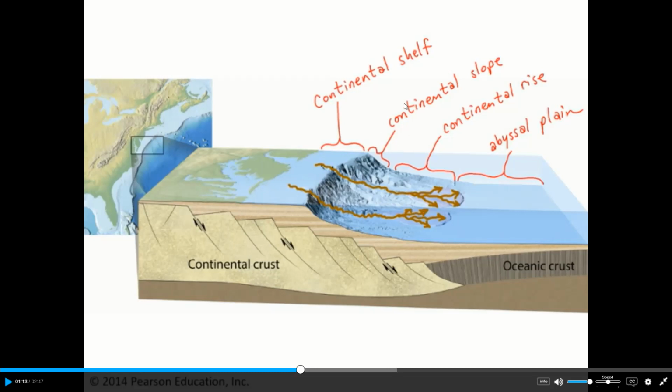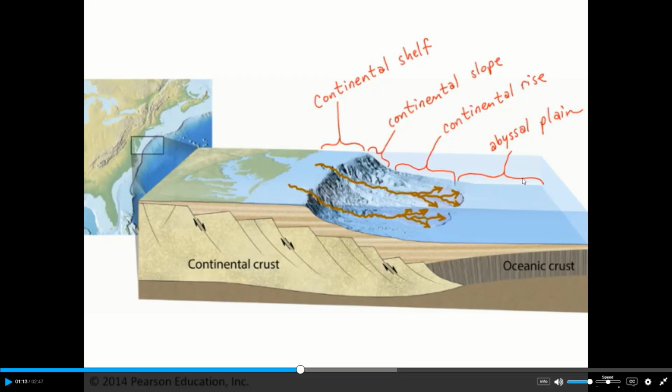And then we actually get to the continental slope, which is very steep. This is what's marking the boundary really between the continental crust and the oceanic crust. And the slope here is between 5 and 25 degrees, depending on location. Then we have this little kind of continental rise here, that's a more gradual incline.